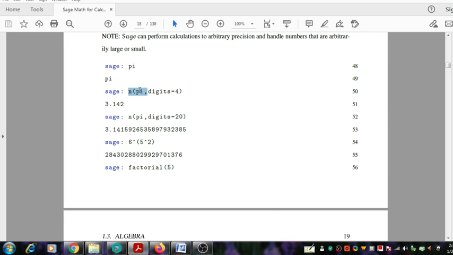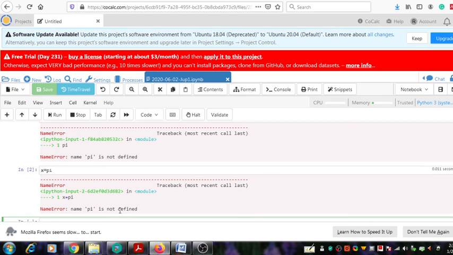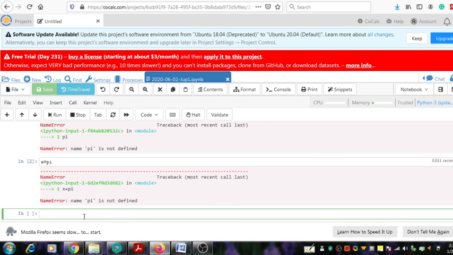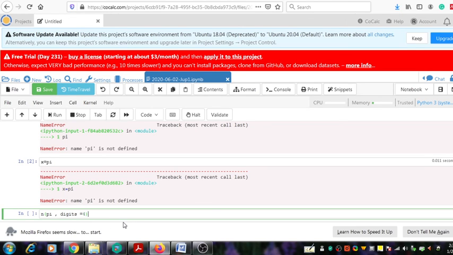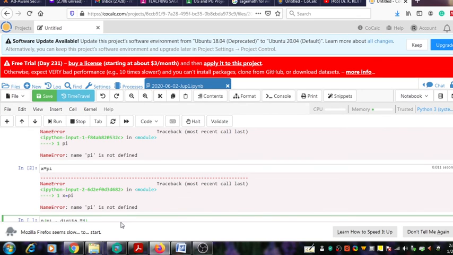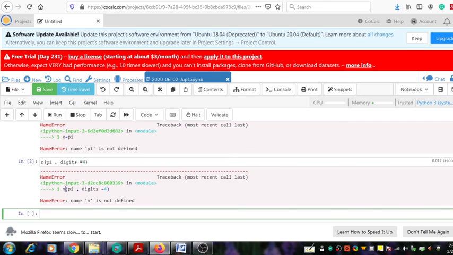Let's try this. I think something needs to be imported, import IPython.